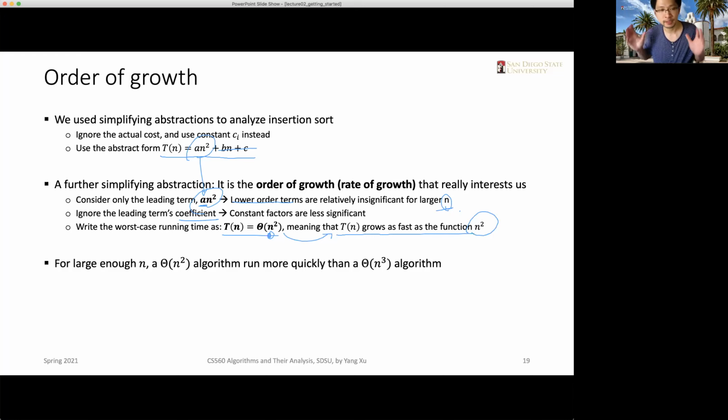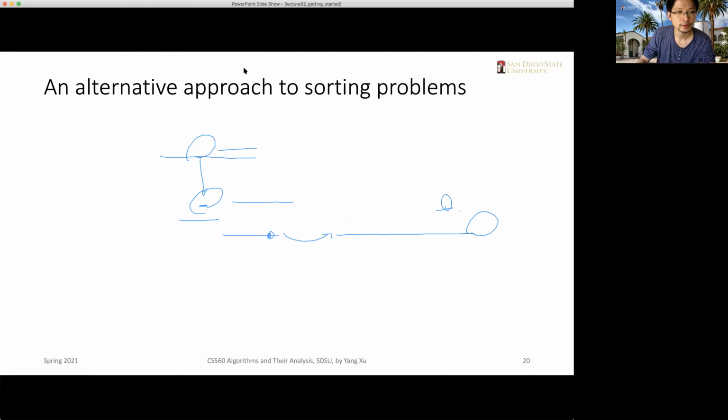And from common sense, a quadratic function always grows slower than the cubic function, n to the power 3. If we compare these two functions, n to the power 3 has a much steeper slope. So that's a piece of brief information about order of growth.